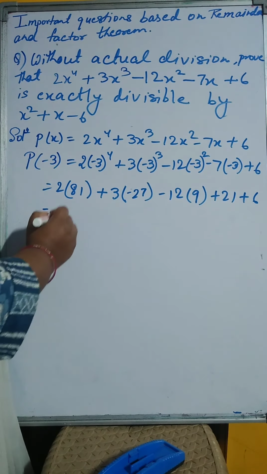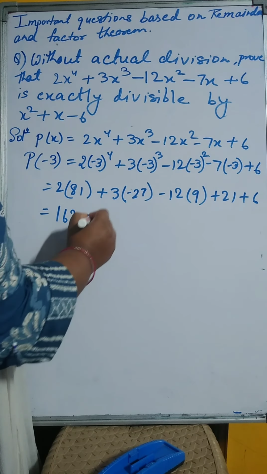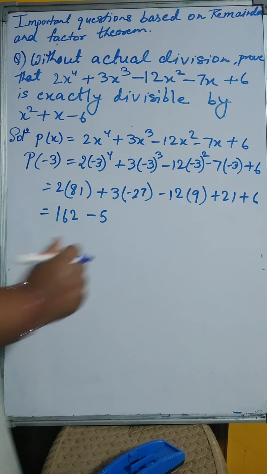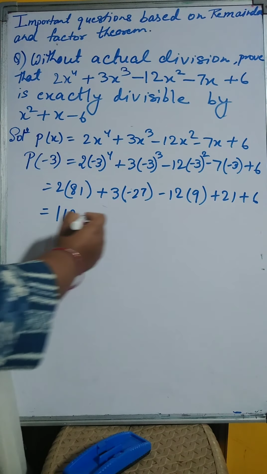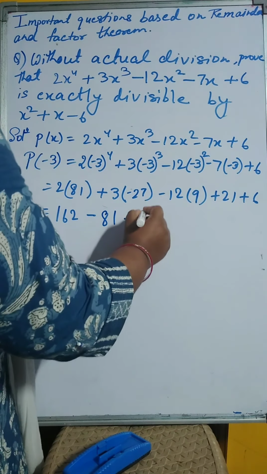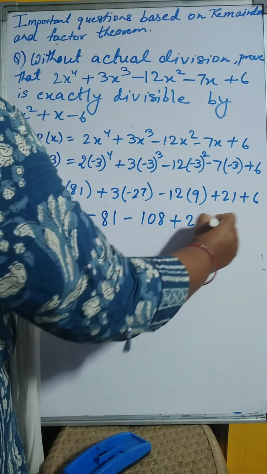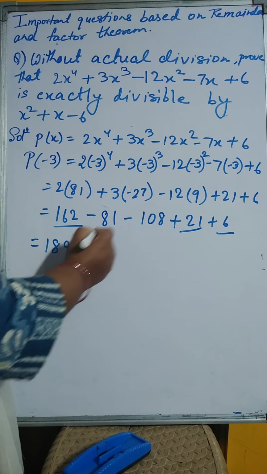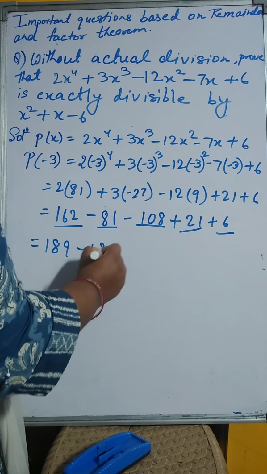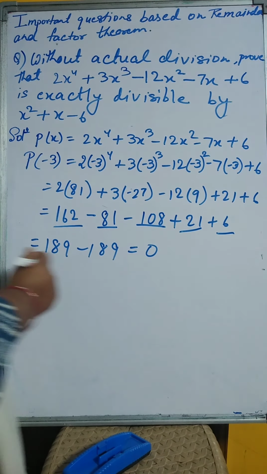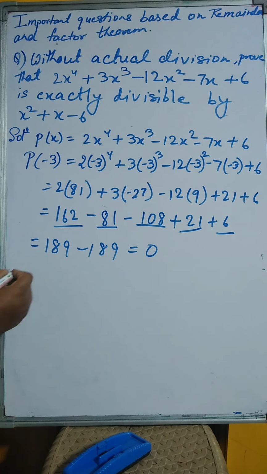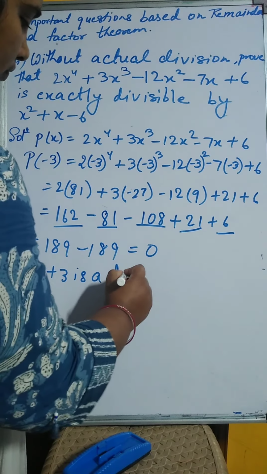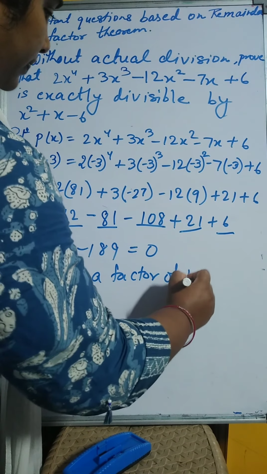Let us calculate: 162 - 81 - 108 + 21 + 6. When the positive terms 162, 21 and 6 are added, you get 189, and when the two negative terms are added, you get 189. When these are subtracted, you get 0. So p(-3) is coming 0. This implies x + 3 is a factor of p(x).